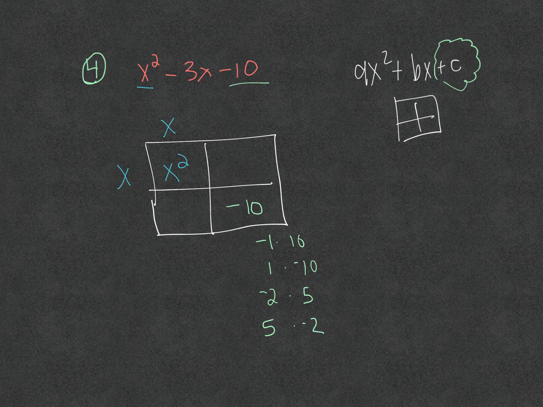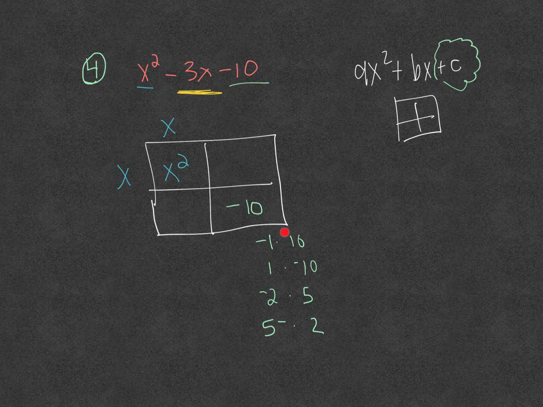Now, out of those 4 choices, I'm going to select the correct pair by looking at this middle term right here. If I have to make a negative 3, then what I need to select are the 2 terms that multiply to a negative 10, that I add to a negative 3.